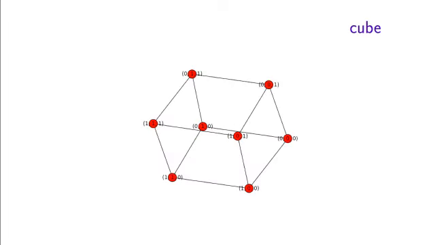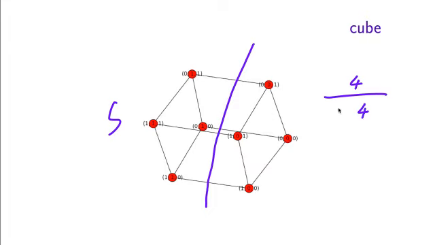Let's see just one more example. Suppose we have the cube. It's again a 3 regular graph. Here it's possible to show that this is a minimal cut. So let's see, in this cut there are 4 crossing edges, and there are 4 vertices in S, and the graph is 3 regular.